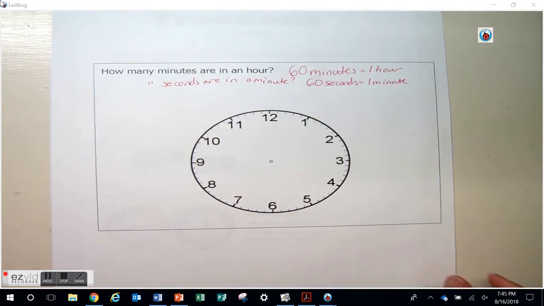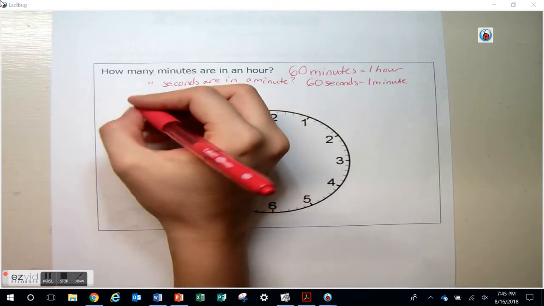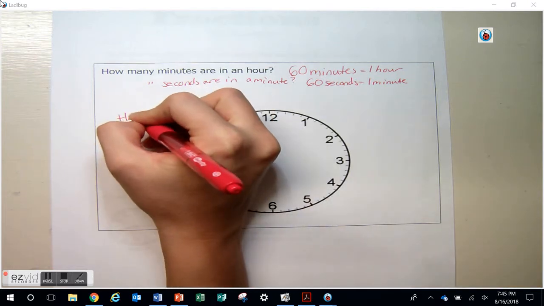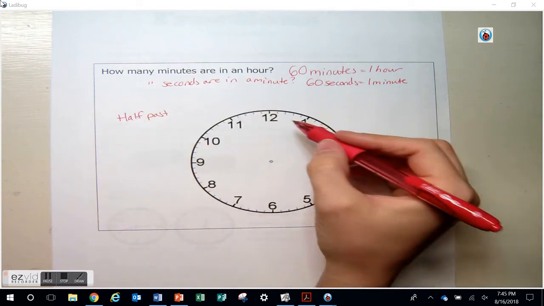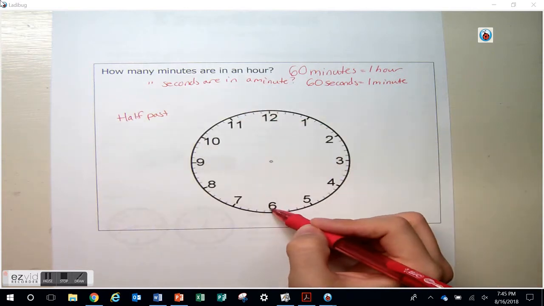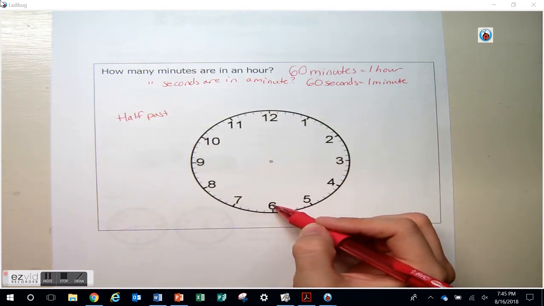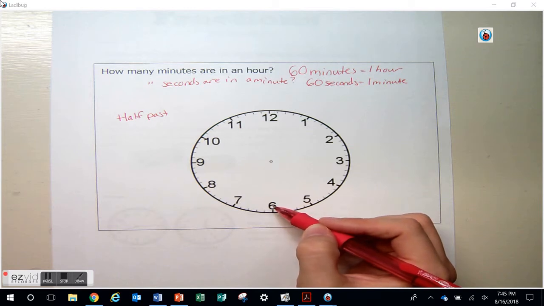Well, just some review on our clock. Some of us can look at a clock and sometimes people say 1/2 past, which means we're 1/2 past the hour, and we have our minute hand on the 6.